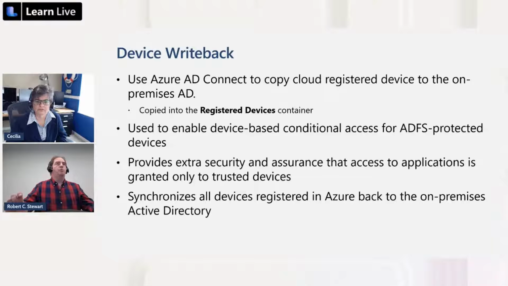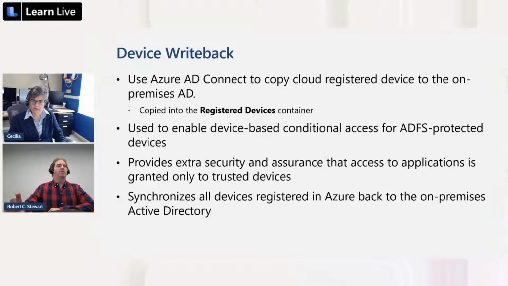You can set up what is known as device write back, so that if somebody gets a new corporate device that they come in and register into the cloud directly through Intune or whatever, that device can be written into the on-premises Active Directory. It goes into registered devices. If you're an Active Directory guru, you'll know what that means.